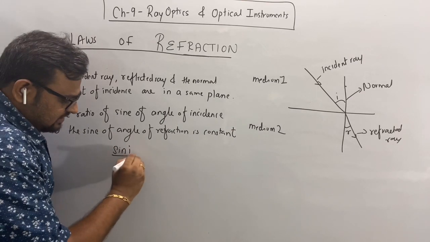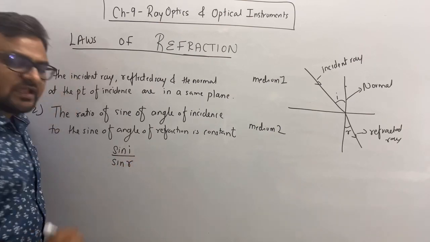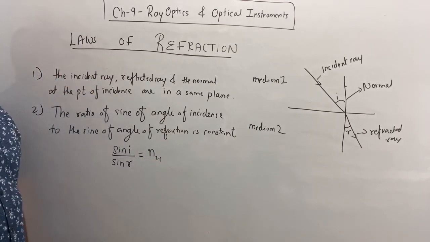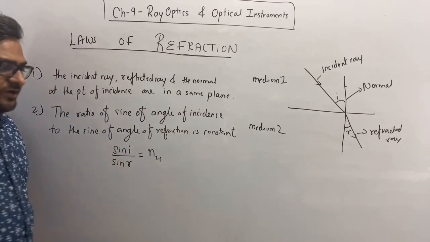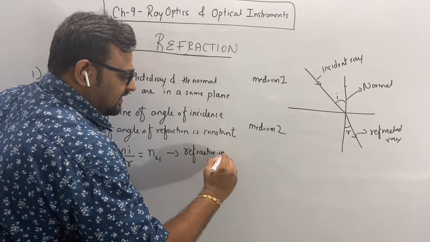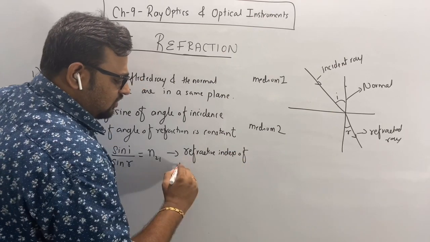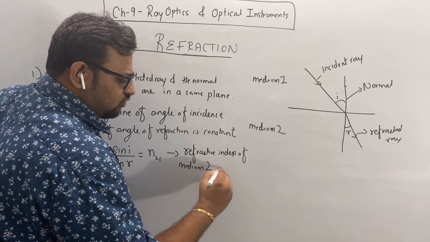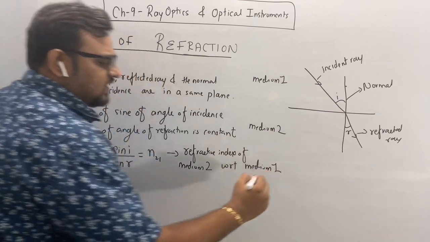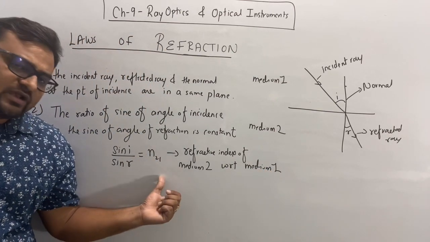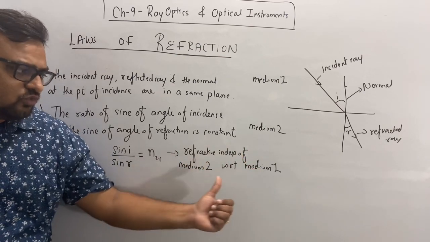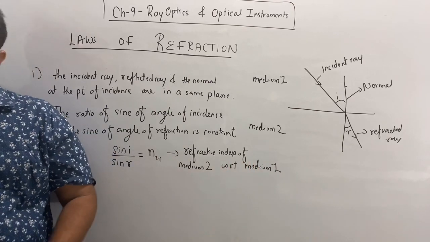Sine i upon sine r is constant, and that is n21. What is n21? It is the refractive index of medium 2 with respect to medium 1.